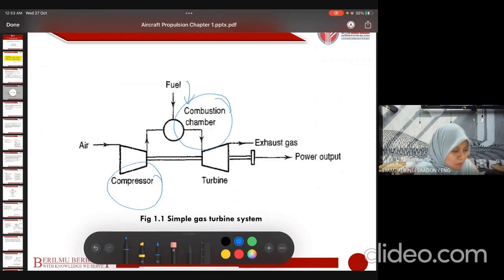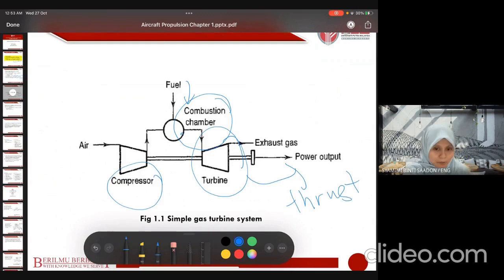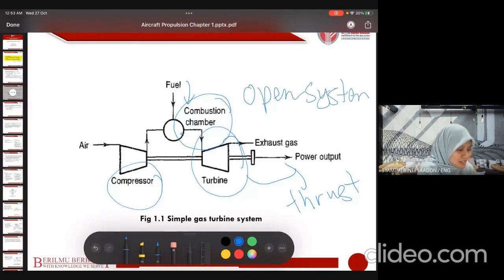So the combustion process will occur in here, and we have turbine that will generate power output or thrust for the engine to propel. Okay, this is the basic, simple gas turbine system. So this is open system, because it doesn't have condenser. For closed system, we have condenser after turbine to complete the cycle.